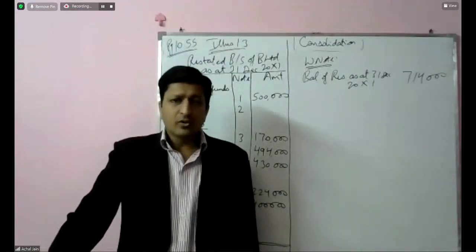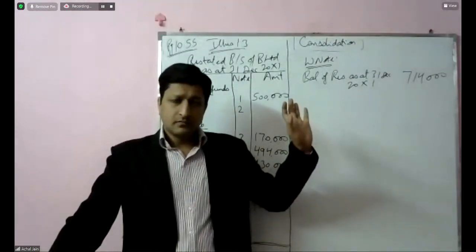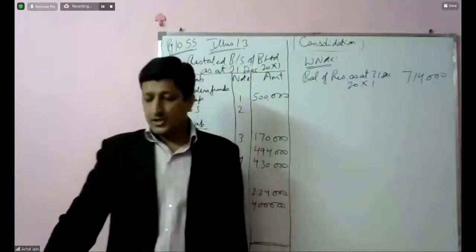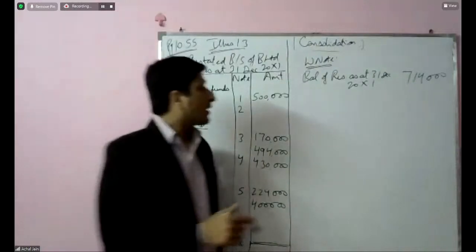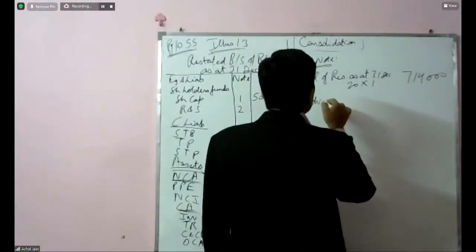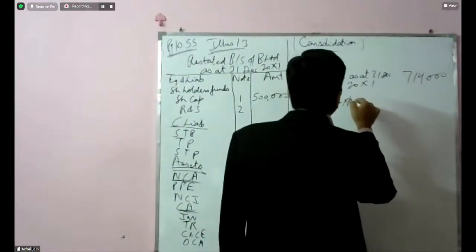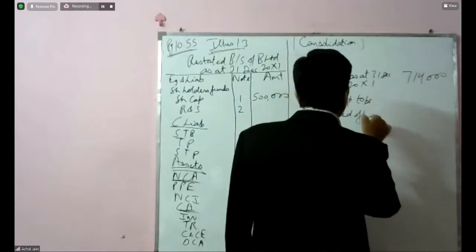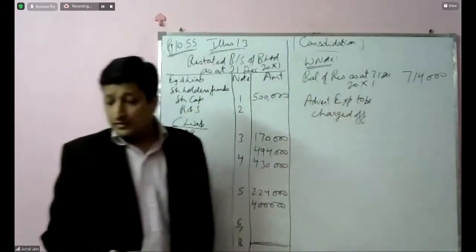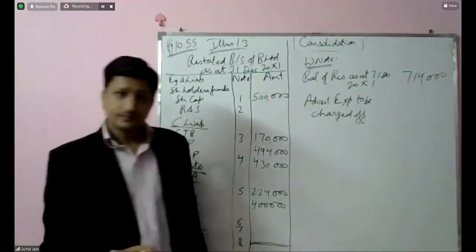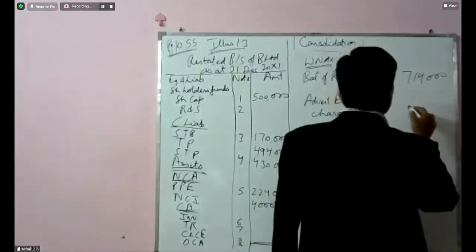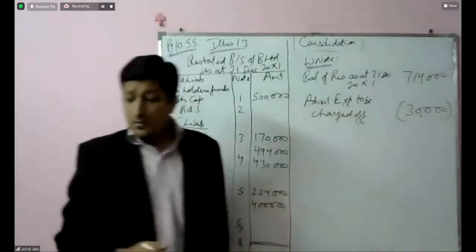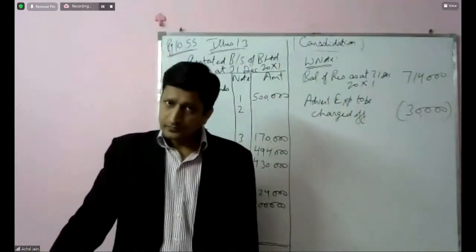The part which is already charged off is done, but the part which remains needs to be immediately charged. So 30,000 will be charged. This will reduce the amount of reserves.